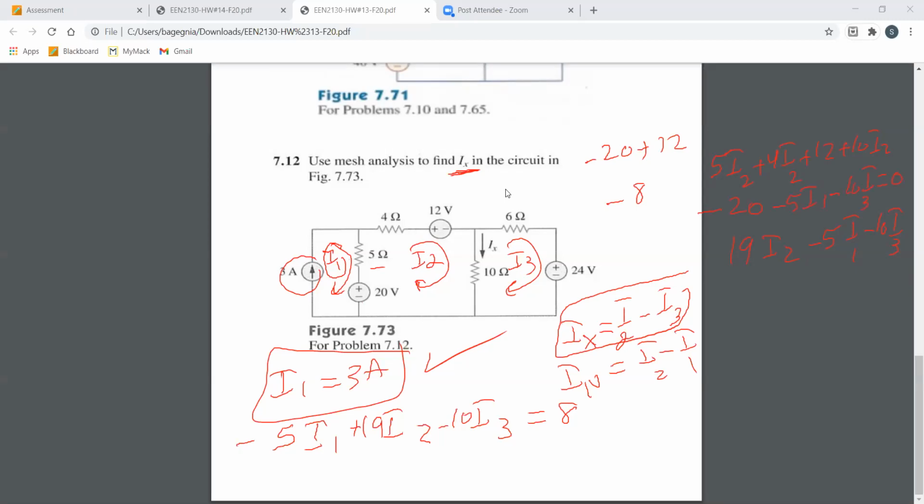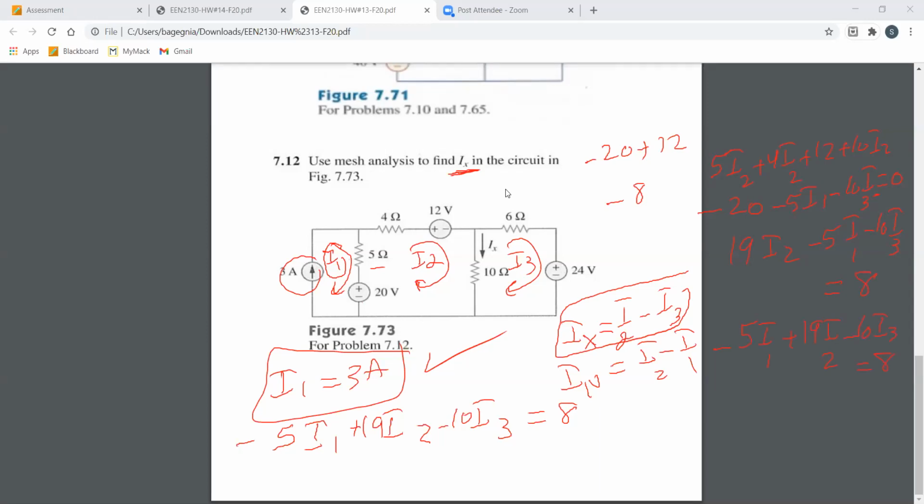Now I collect again the 19 I2, and the I3 is there, minus 5I1 equals, so here negative 20 plus 12 is negative 8, take to the other side is 8. Now let's rearrange the equation: minus 5I1 plus 19I2 minus 10I3 equals 8.